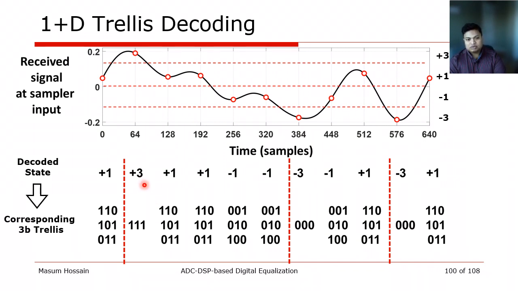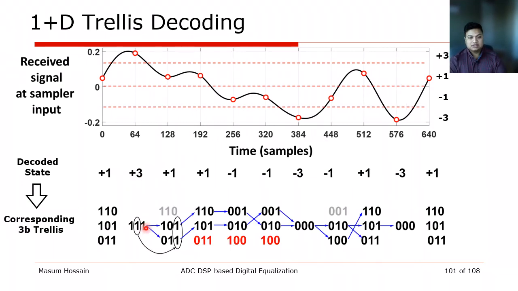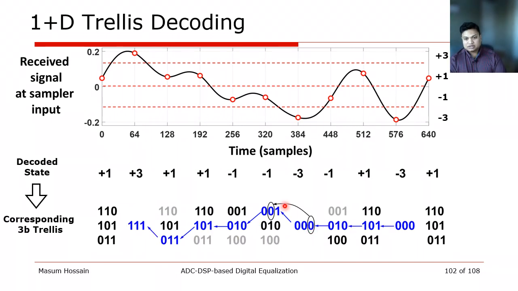Next, we map each of these received levels to the possible trellises, and then we take each of these current symbols and compare to the next previous symbol, such that we keep only 2 out of the 3 possible paths. And finally, we reverse the relationship such that the sequences converge to a single survivor, and that's how the trellis decoding is done.